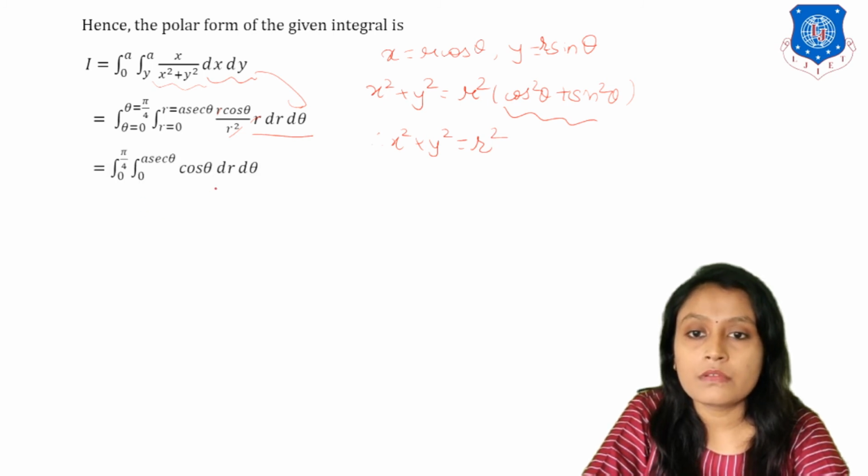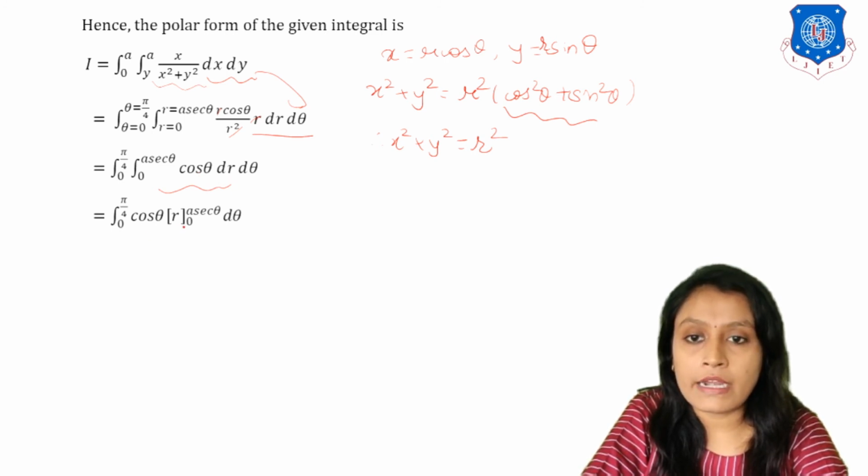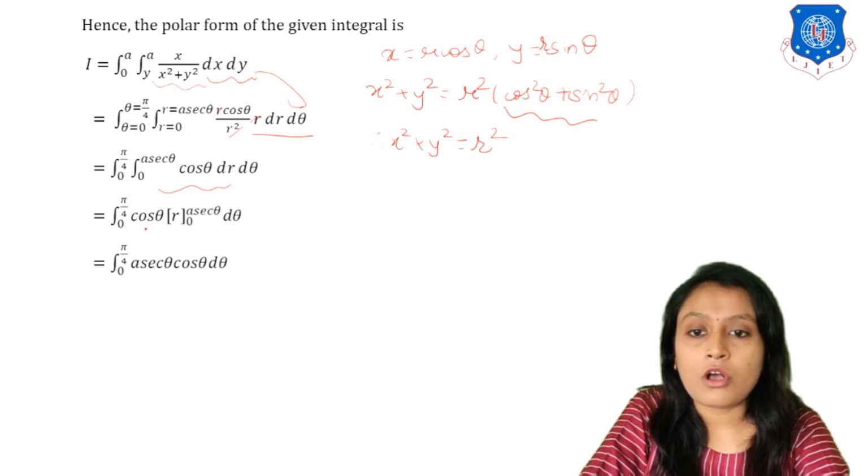Now we will integrate this first with respect to r and then with respect to theta. So cos theta will remain as it is, and the integration of 1 dr is r, and the limits are 0 to a sec theta, d theta, right? Now substitute the limit. So you will get cos theta as it is, a sec theta minus 0, that is a sec theta.